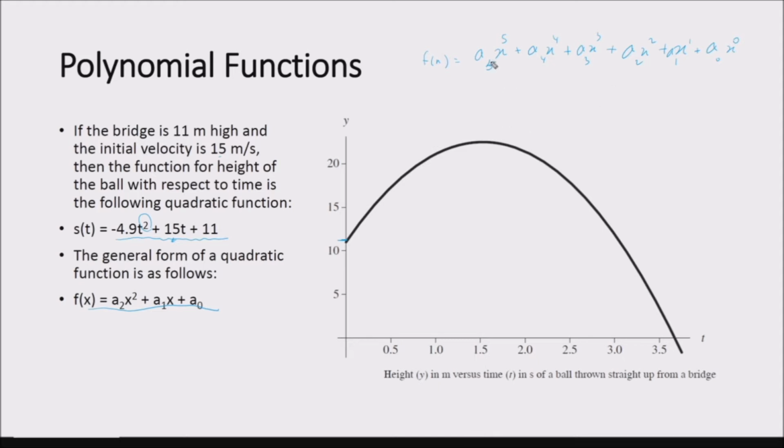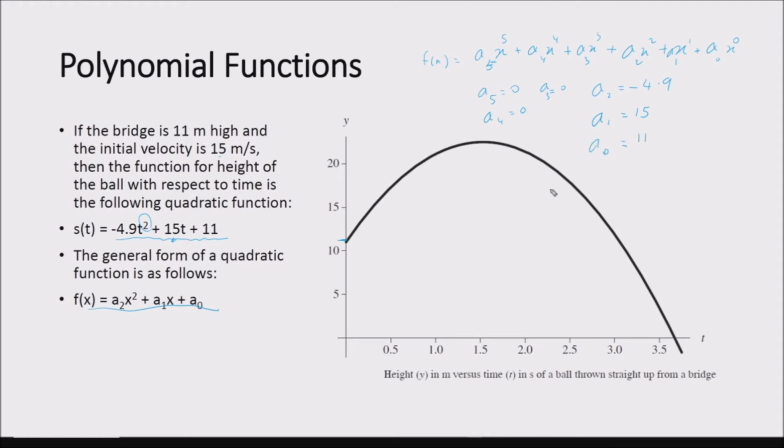So how do I match this one to this? Well, I can say a5 equals 0, a4 equals 0, a3 equals 0, and a2 equals minus 4.9, and I can say a1 equals 15, and x to the power 0 is always 1, so in that case a0 is just 11.